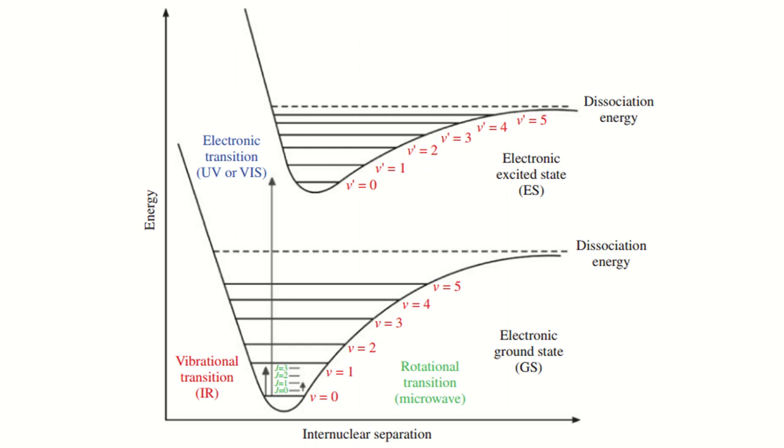For all practical purposes, this implies a wavelength in the range of 2.5 to 50 micrometers, or 200 to 4000 per centimeter in wave numbers, with the corresponding energies of 2.4 to 48 kilojoules per mole.